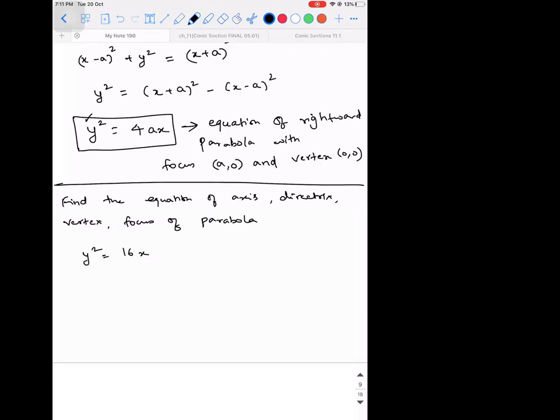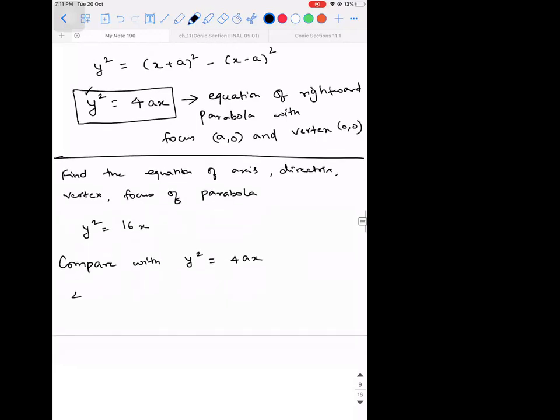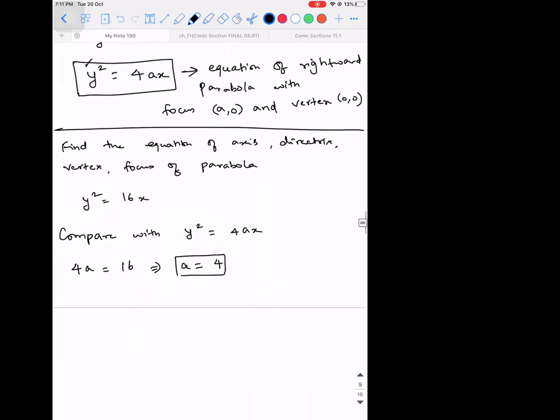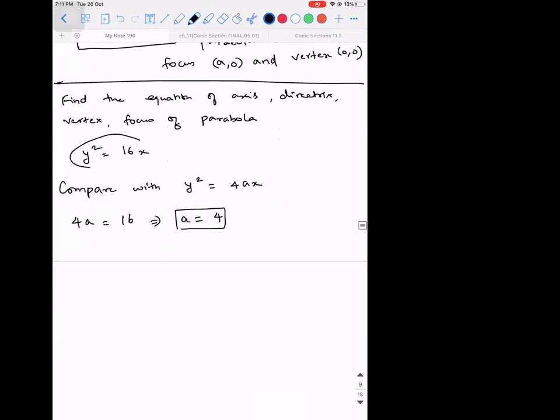What you need to do is compare with the general equation y square is equal to 4ax. From this, what can you conclude? 4a is equal to how much, guys? 16, which implies a is 4. Once you find this, everything else is easy. So y square is equal to 16x is what kind of parabola?